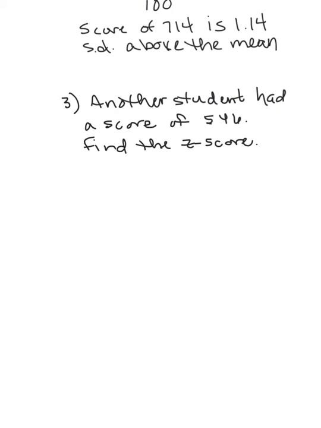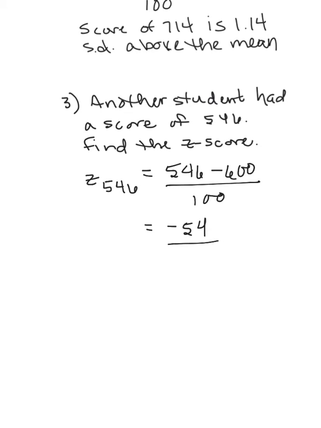On example 3, we are told that another student had a score of 546, and we are asked to find their z-score. The z-score for an I-STEP score of 546, we're going to take that score minus the mean over the standard deviation. Well, 546 minus 600 is negative 54, divided by 100 gives us negative 0.54.